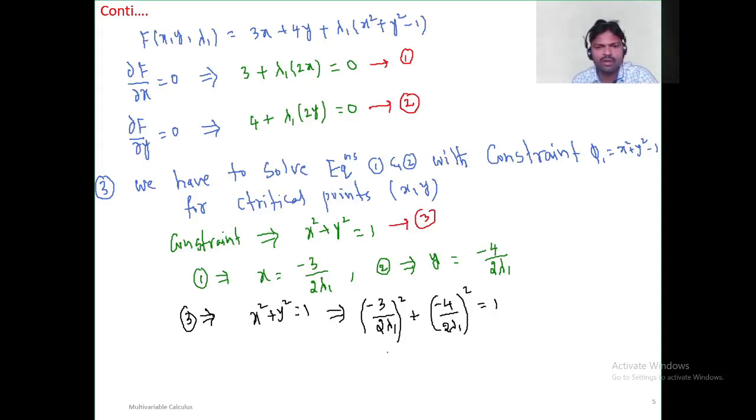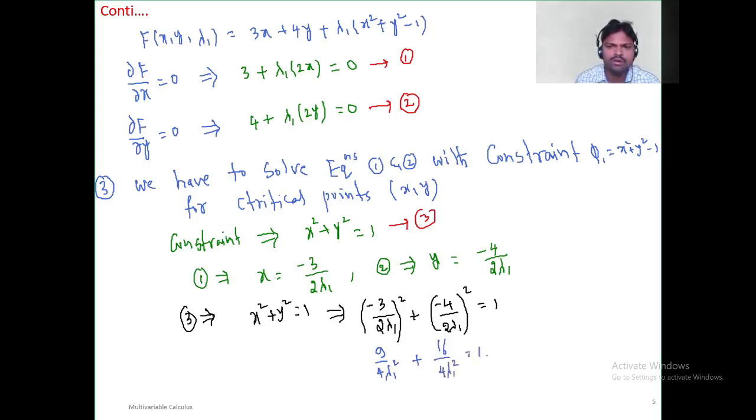So now, what is this? 9 by 4 lambda 1 square, plus 16 by 4 lambda 1 square is equal to 1.